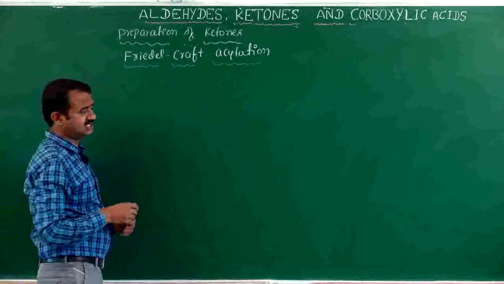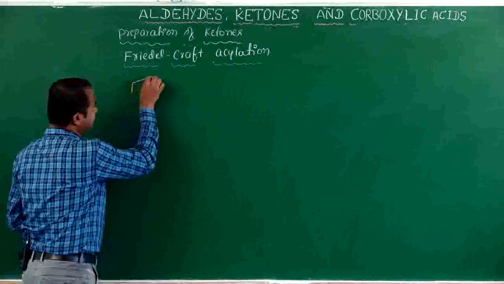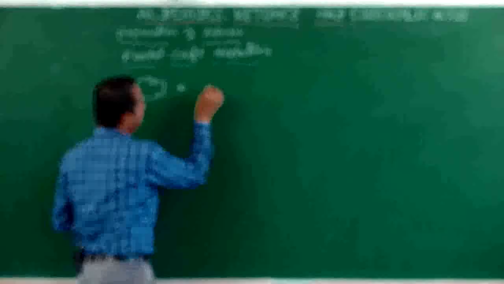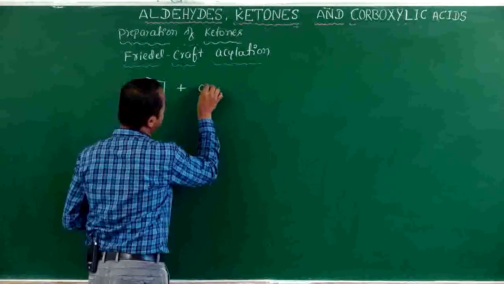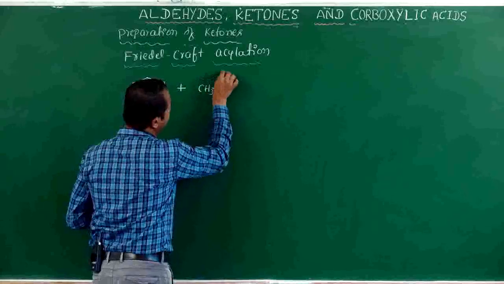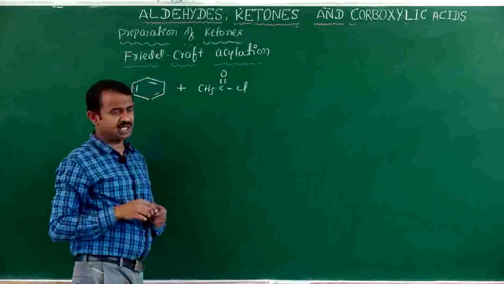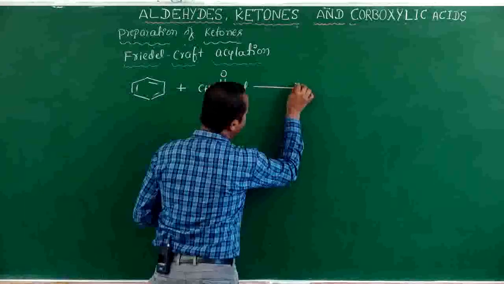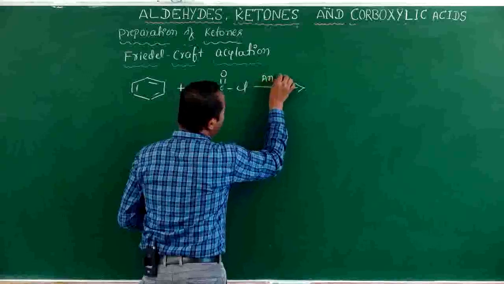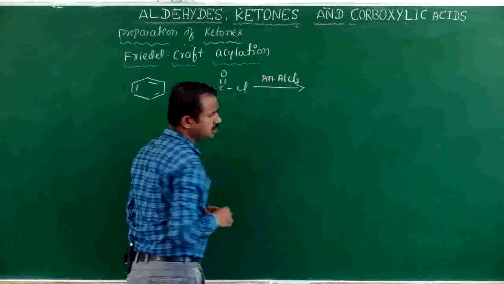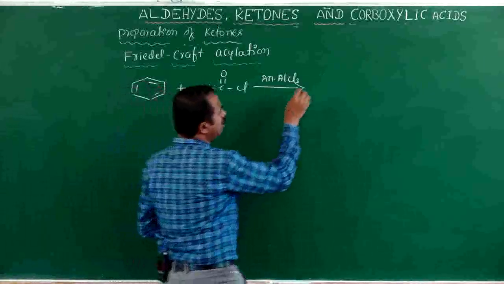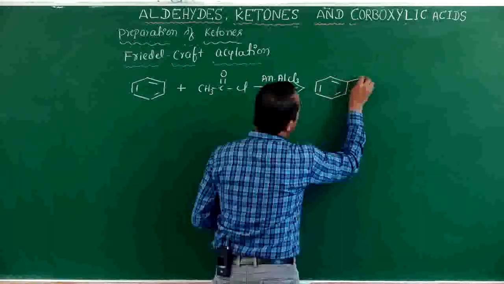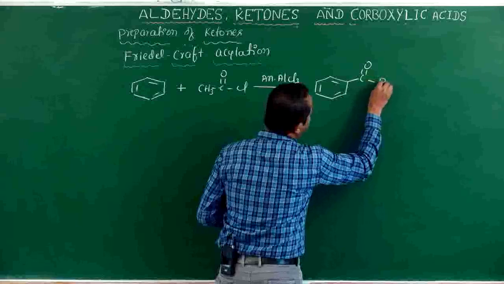When benzene reacts with acid chloride, CH3COCl, in presence of anhydrous aluminum chloride, it forms acetophenone, an aromatic ketone.